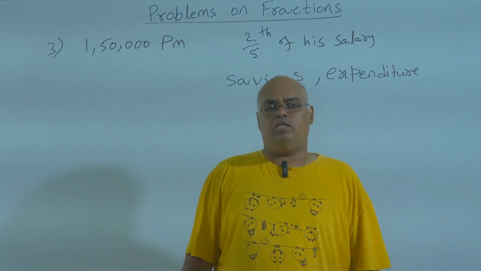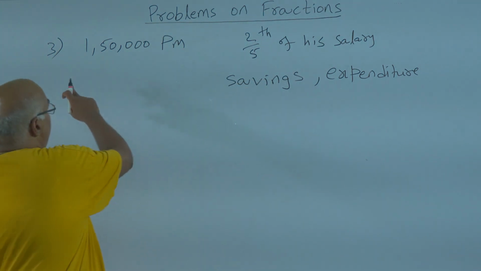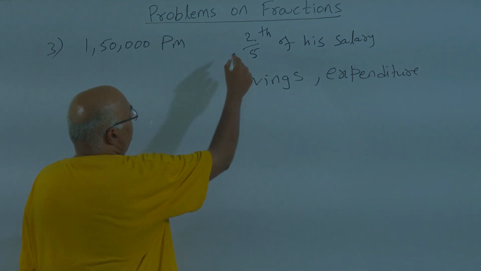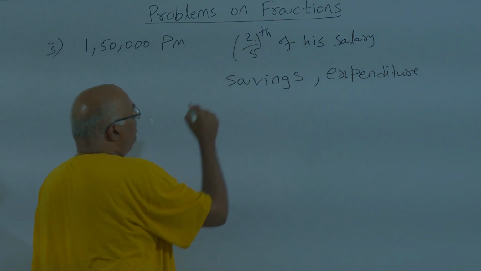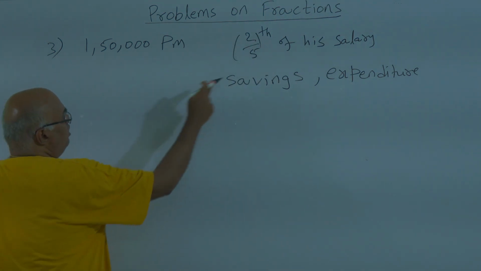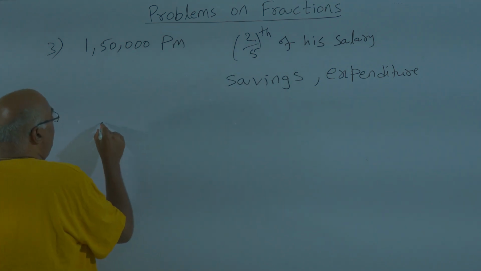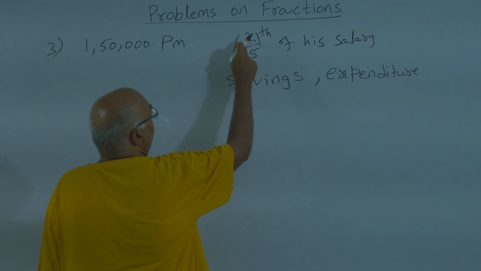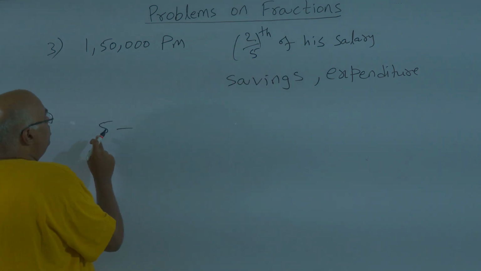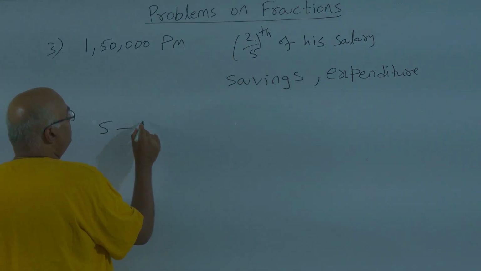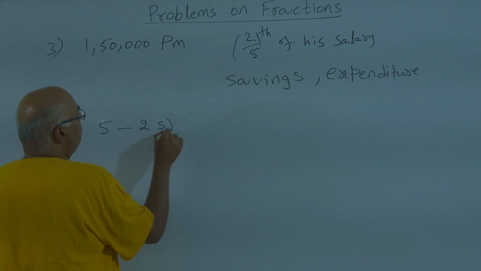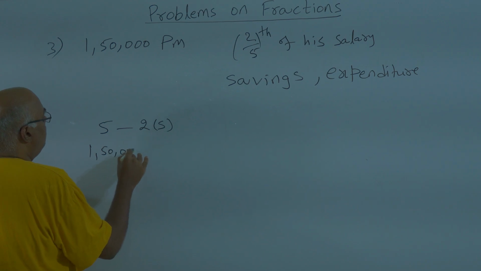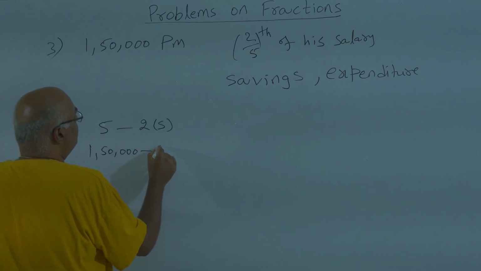The procedure is simple. We have been given the total salary per month is 1,50,000, and the fraction which is given is 2/5. What does this 2/5 mean? In the denominator you have 5. That means if Raju earns 5 rupees, out of this 5 rupees, in the numerator you have 2, he saves 2 rupees. If he earns 1,50,000, how much will be the savings?